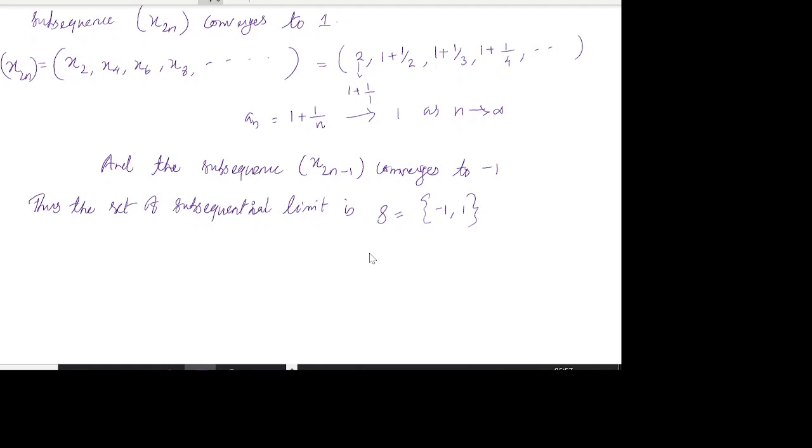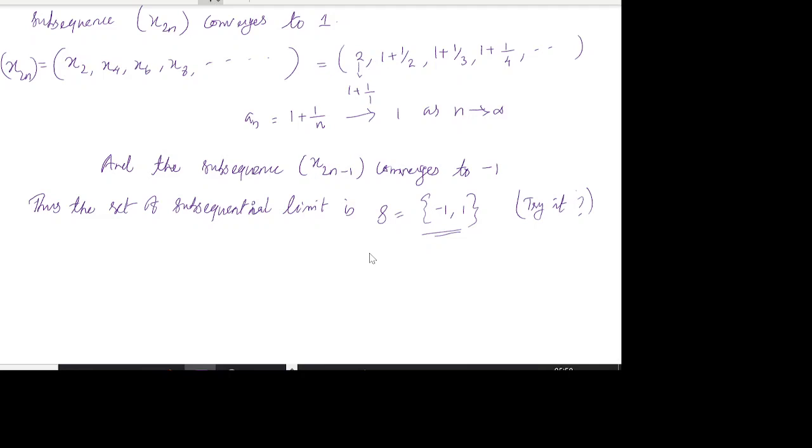It has plenty of subsequences other than these, but I'm concluding that this S is nothing but -1 and 1. So try it. The set of subsequential limits is only this. No other subsequence will have any other limit if it converges. You can check that by yourself.